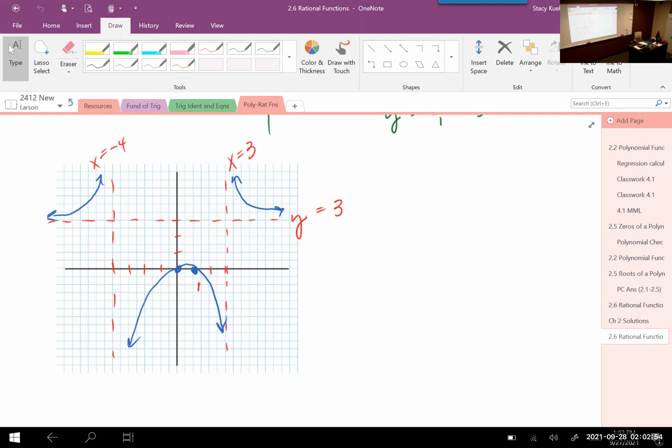So let's say that we'll call this 1, we'll call this 2, 3, right? I could have x plus 2, x plus 1, x minus 3. That's a cubic function, right? But what if I had, I mean, there's all sorts of choices here.